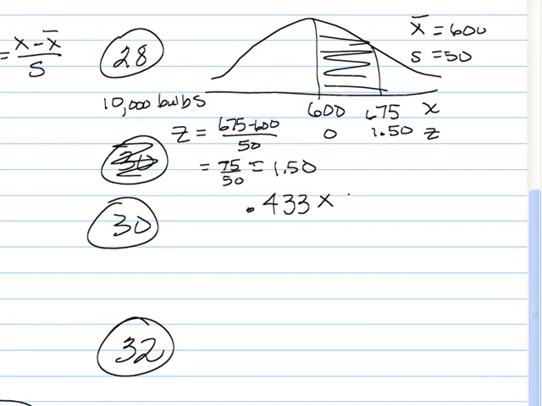And we want to multiply that times 10,000 to figure out how many bulbs. And that's going to move it 4 places to the right. So it looks like I'm getting 4,330 bulbs will last between 600 and 675 hours.